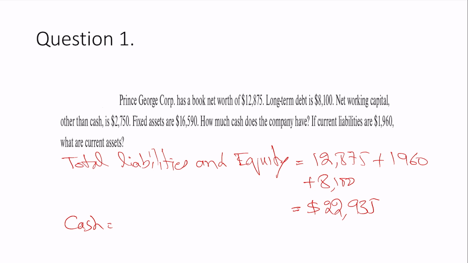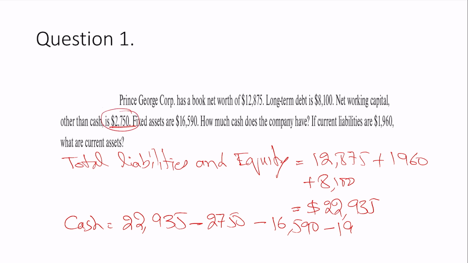So what we can do is take total liabilities and equity, 22,935, minus fixed assets, and minus net working capital other than cash, 2,750, minus 16,590, which is fixed assets.